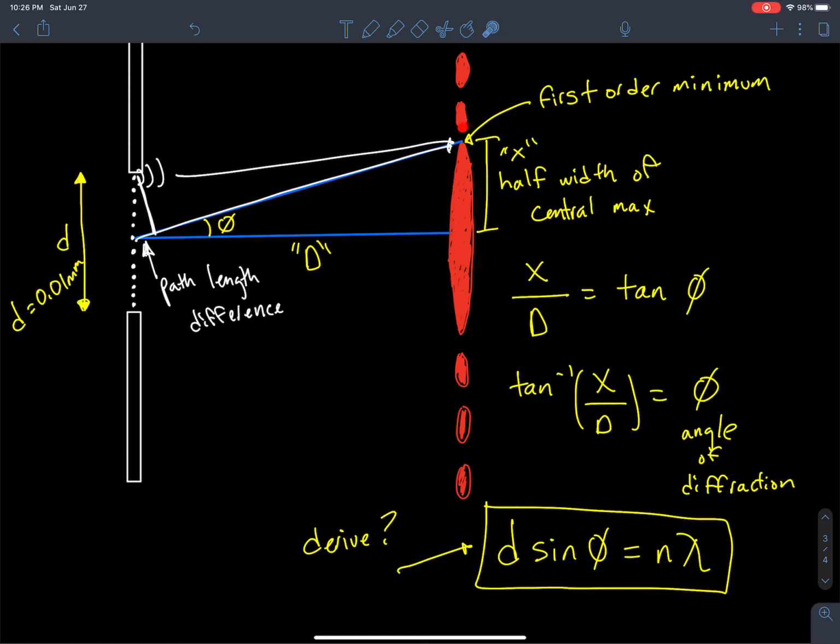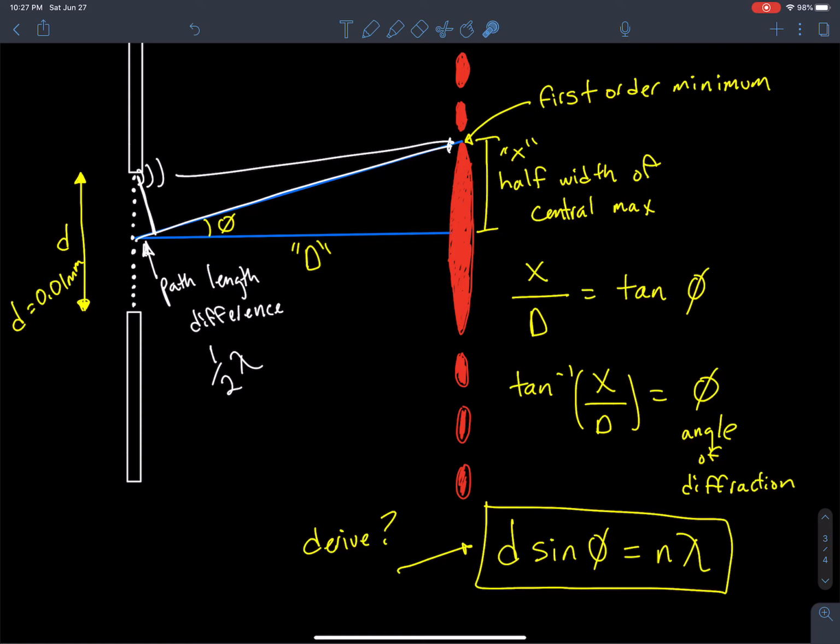Remember, for destructive interference, the path length difference has to be 1/2 of a wavelength. That means that this wave traveled 1/2 wave longer so that a trough overlaps with a crest and destructively interferes.